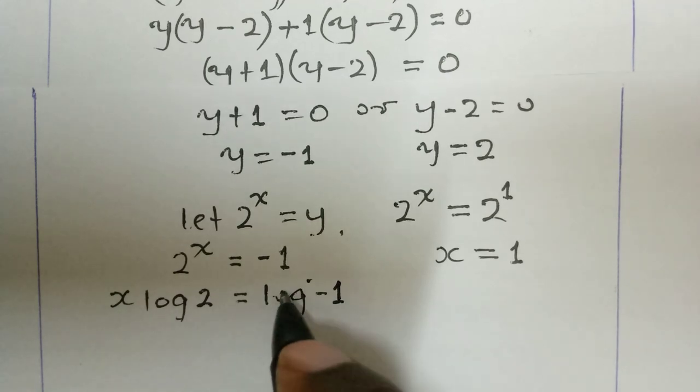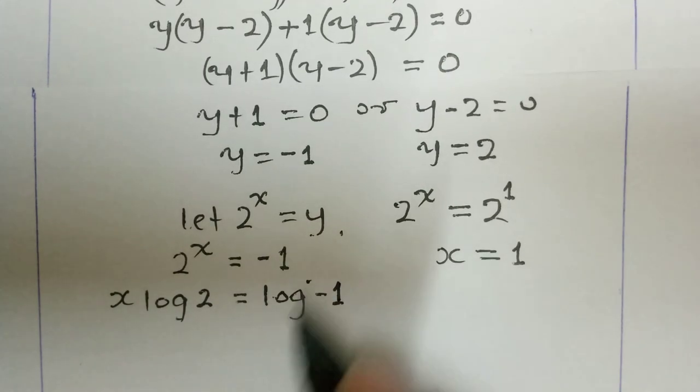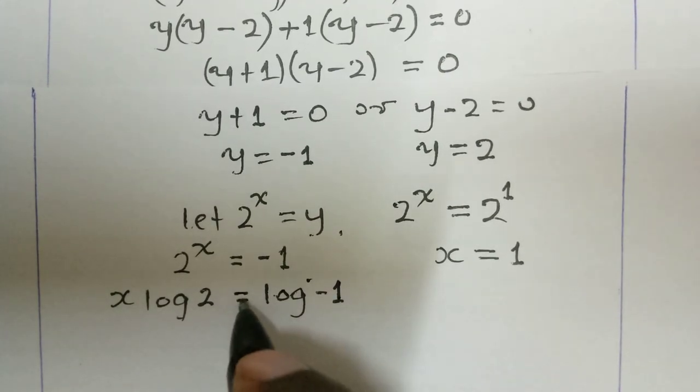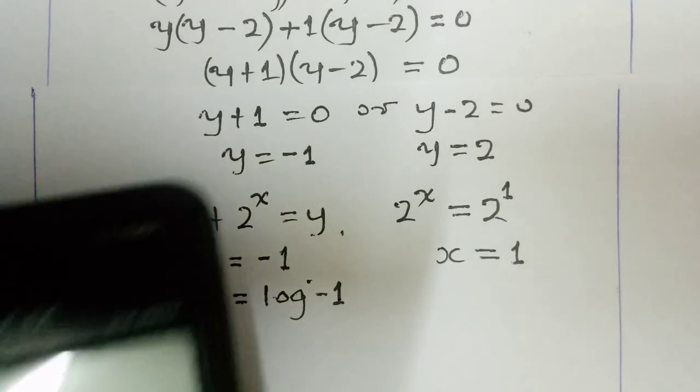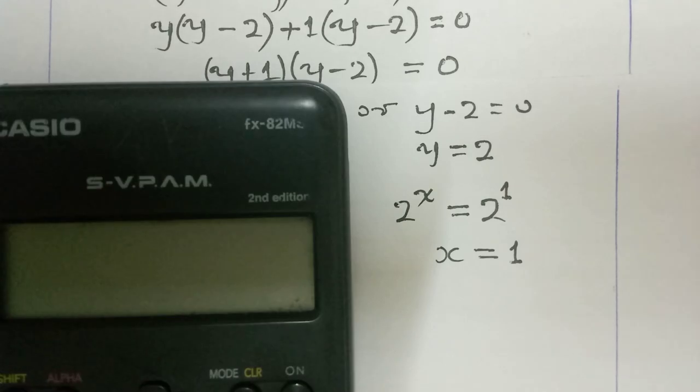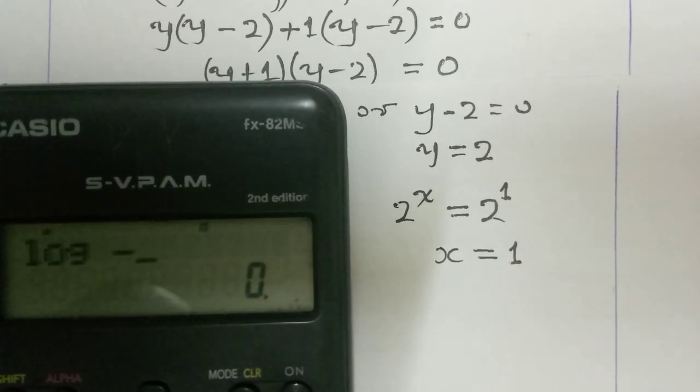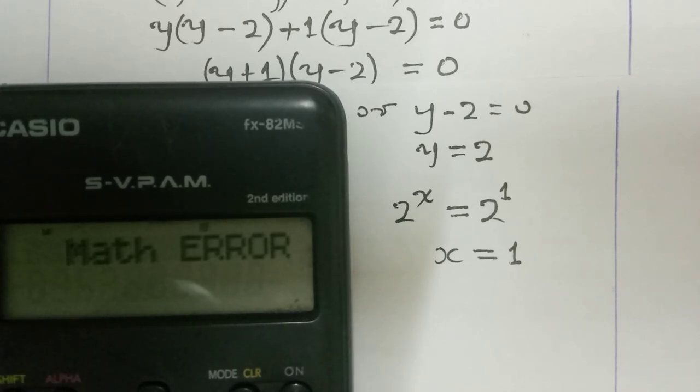So let's see what happens, guys, when we have something like that. We go to our calculator and check what is log -1. So we say log -1. Let's find out what happens.